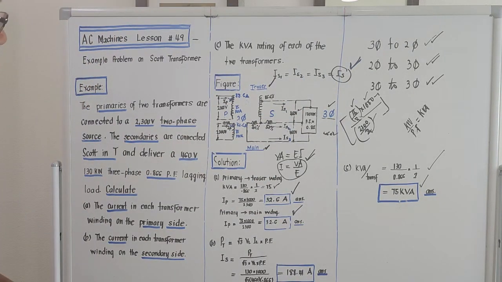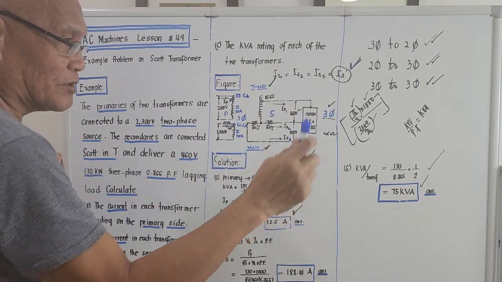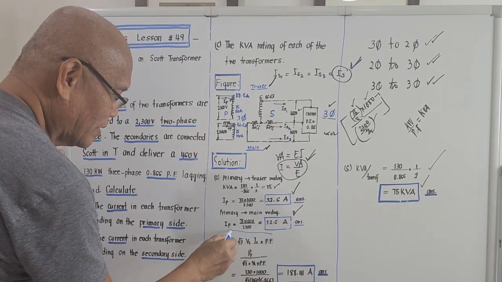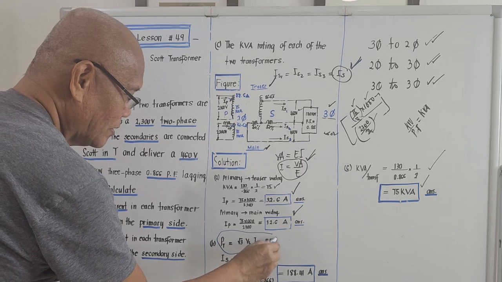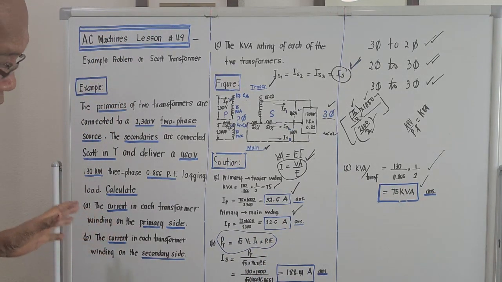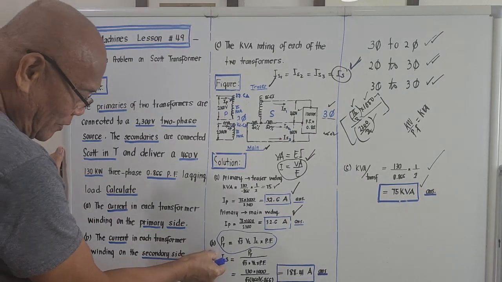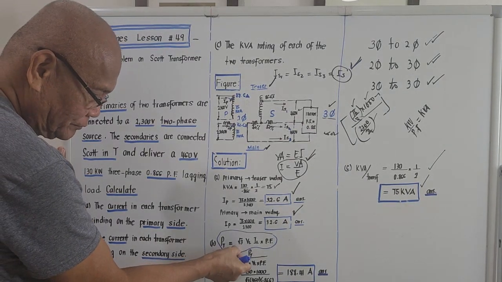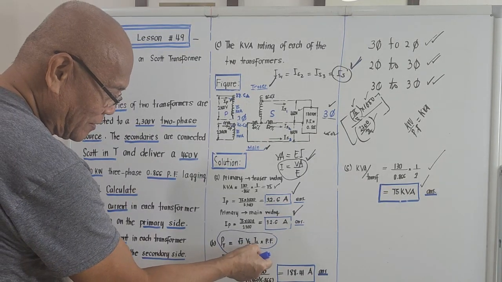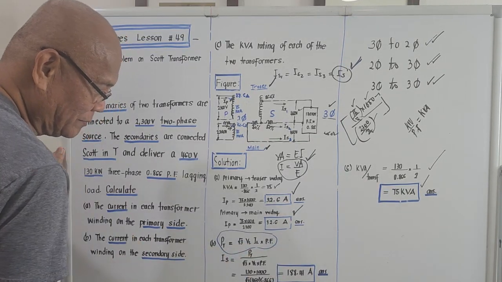And since the load on the secondary is three phase, we can use this equation here. For a balanced three phase load, the total true power is actually square root of 3, the product of voltage line to line times the line current times power factor.